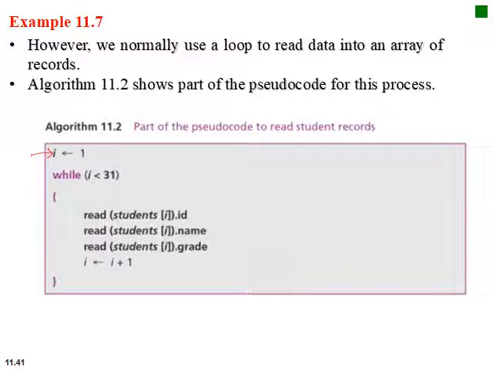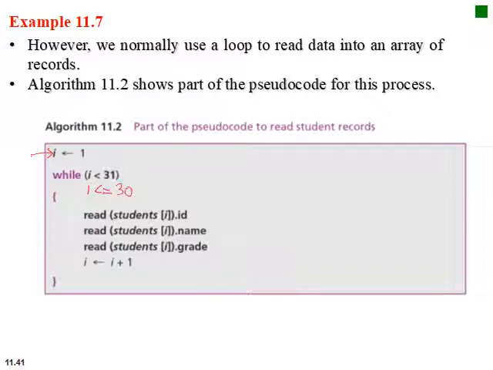And then this while loop, while I is less than 31, we assume there are 30 students here. So while it's less than 31, an alternative would be to say here, while I is less than or equal to 30.